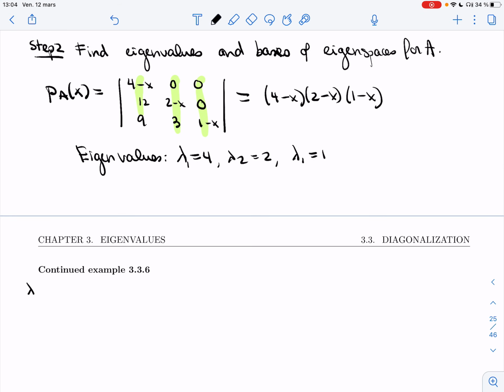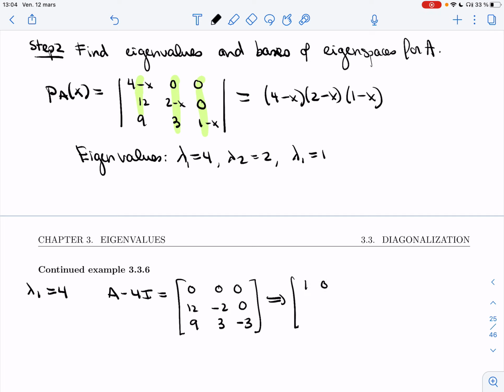All right, so let's do 4. I'm going to look at A minus 4I. That's going to be the matrix 0, 0, 0; 12, minus 2, 0; 9, 3, minus 3. I've reduced that one ahead of time. It's not super nice, so I got minus 1 over 9, 0, 1, minus 2 thirds, 0, 0, 0.